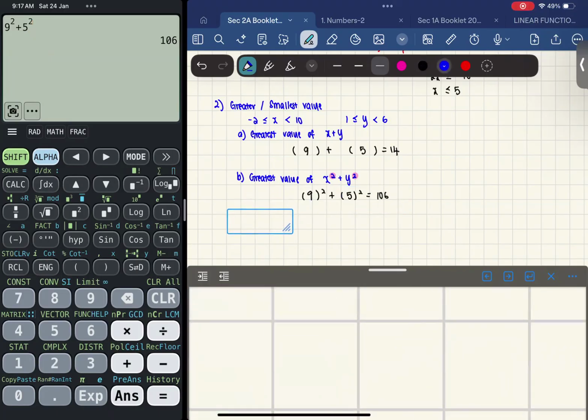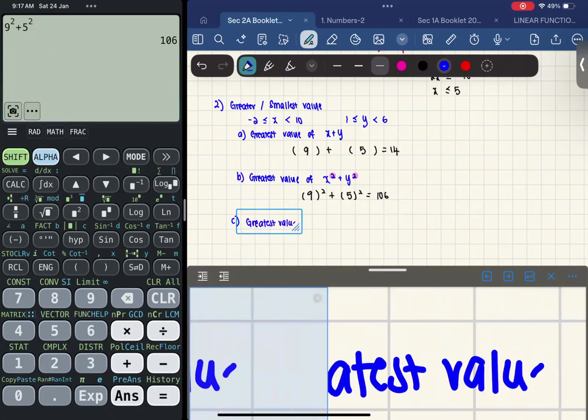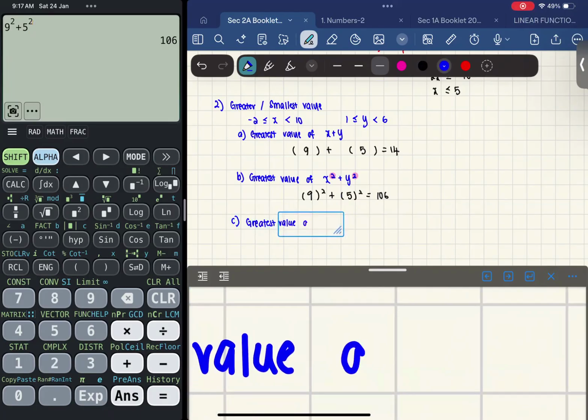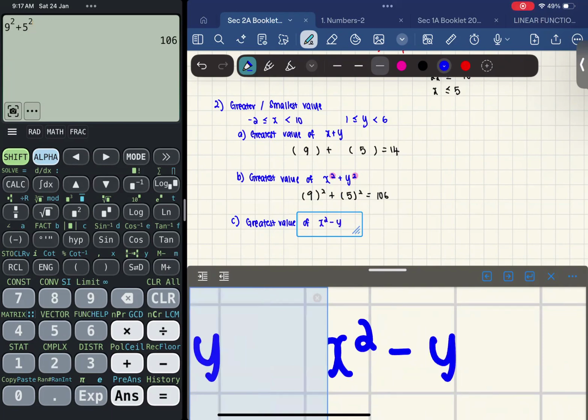Okay, then they like to ask you the greatest value of x squared minus y.